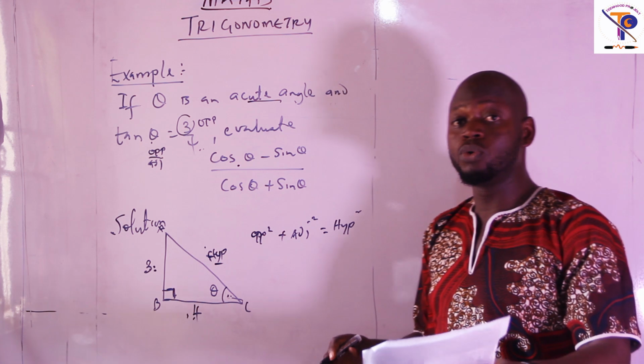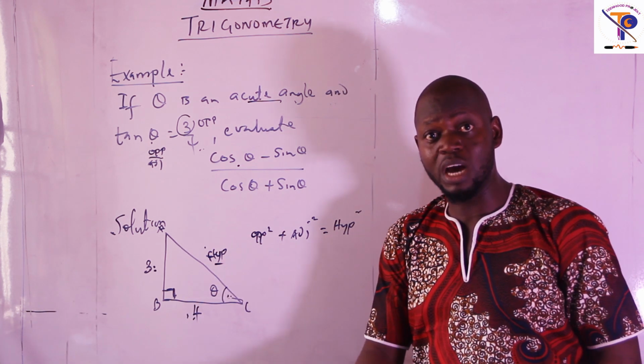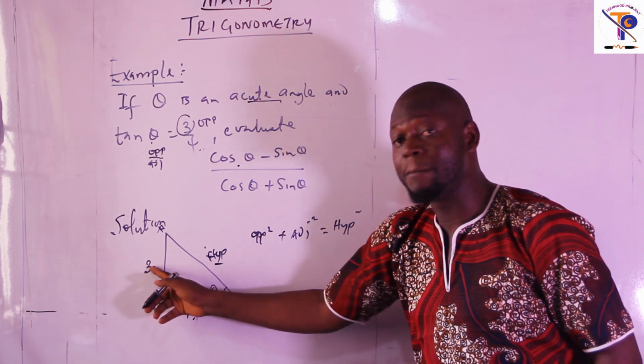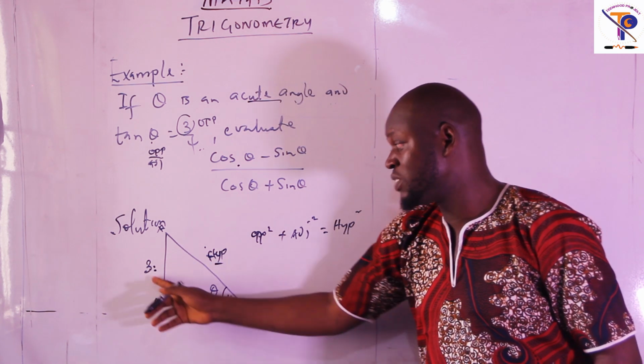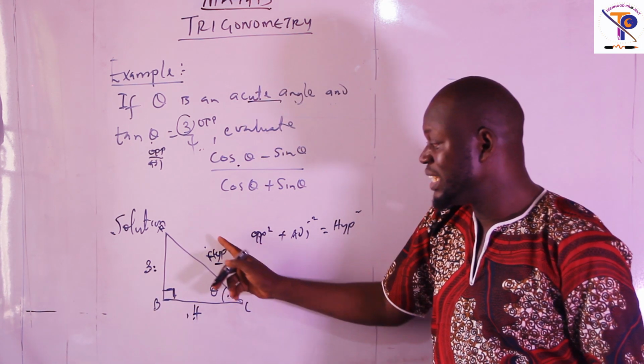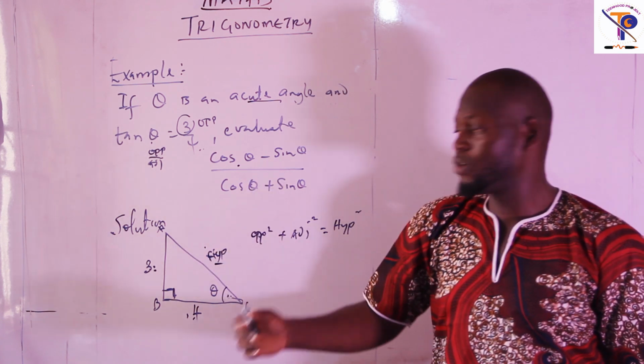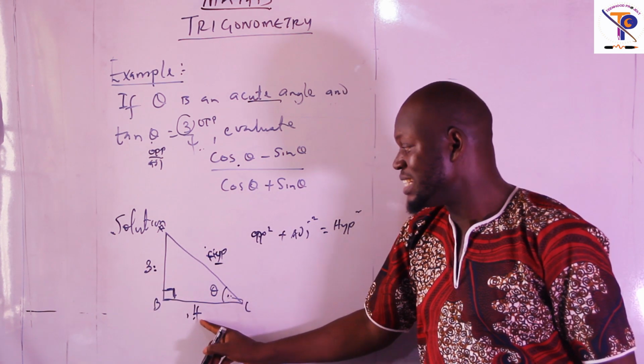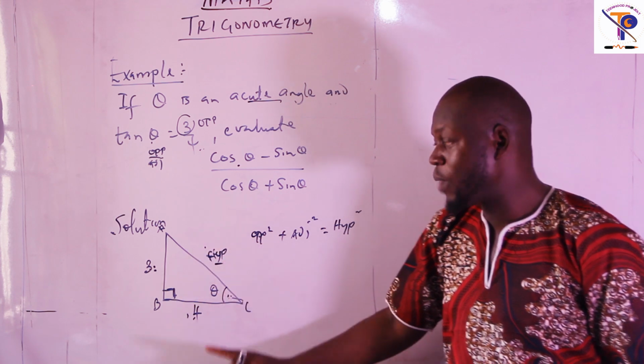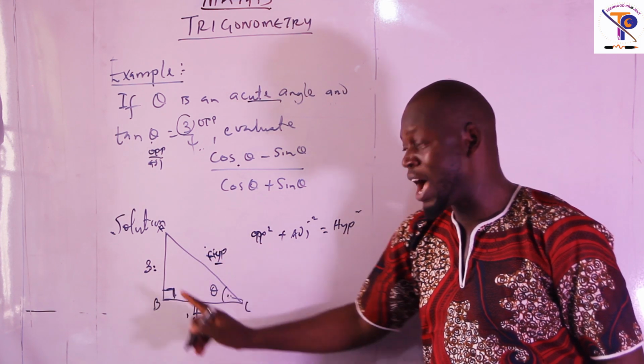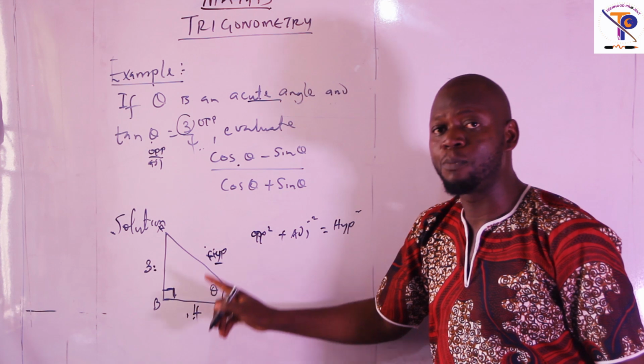You are wondering, I know this answer, not because I wrote it down, but because I have told you about Pythagoras triples before. When you have 3 here and you have 4 here, definitely its hypotenuse is 5. And when you have 6 here and 8 here, definitely its hypotenuse is 10. When you have 9 here and 12 here, definitely its hypotenuse is 15.